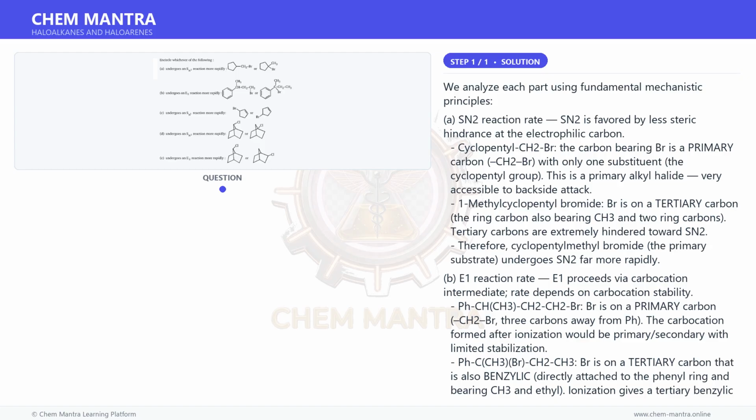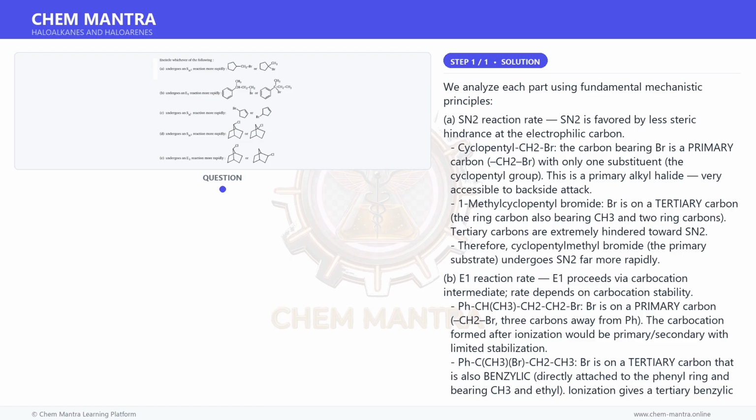A. SN2 reaction rate. SN2 is favored by less steric hindrance at the electrophilic carbon. Cyclopentyl CH2Br: the carbon bearing Br is a primary carbon, CH2Br, with only one substituent, the cyclopentyl group.